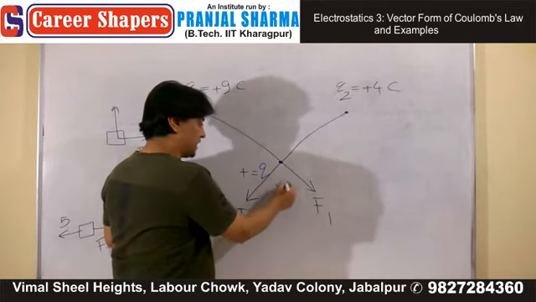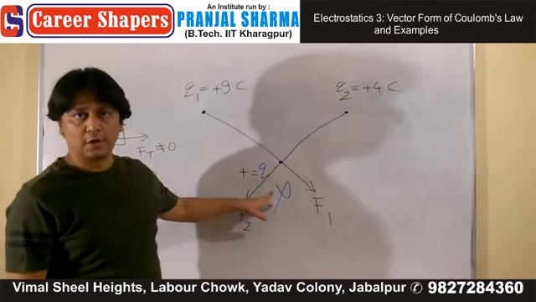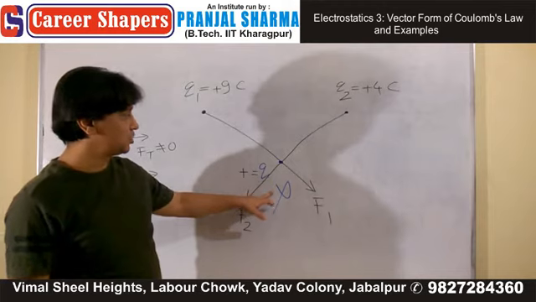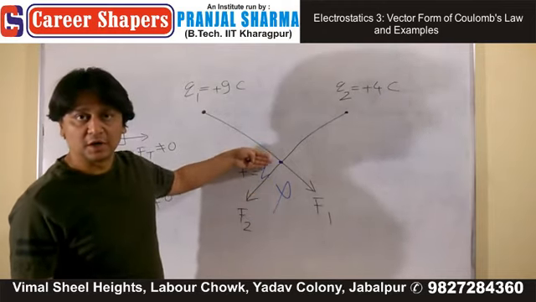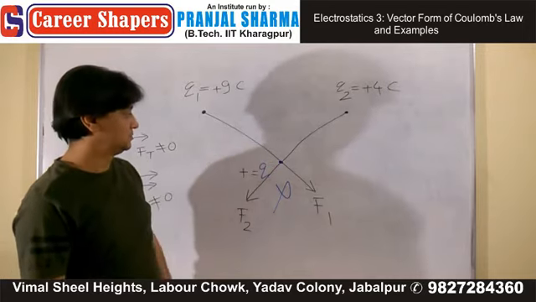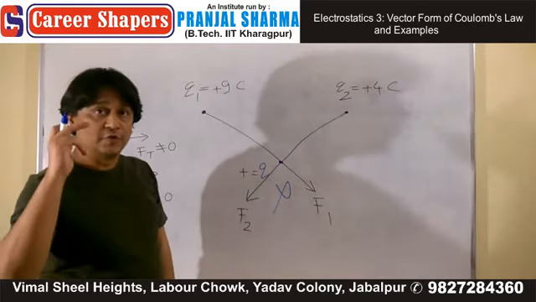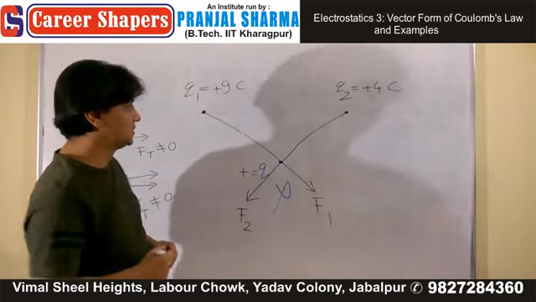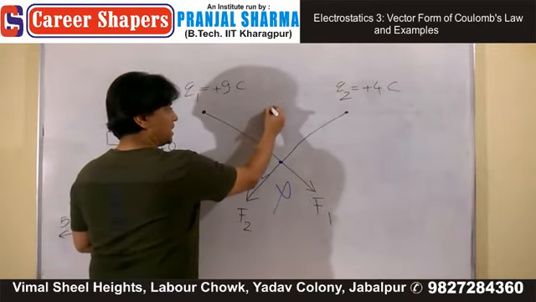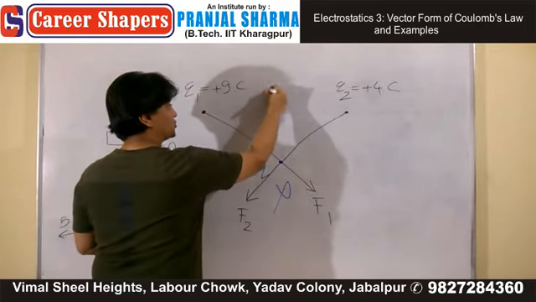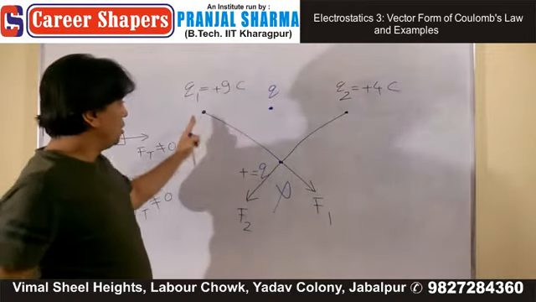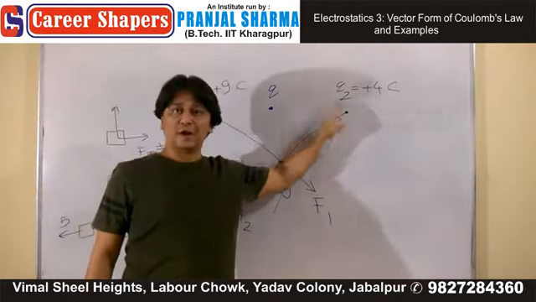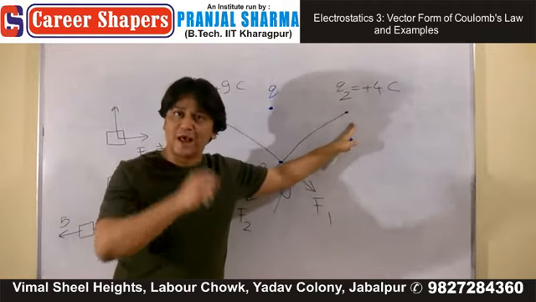That means you cannot place your Q1 at some position in this form. Therefore, where should you place it? Now, look here. If I place my charge Q on the line joining Q1 and Q2, then what will happen?